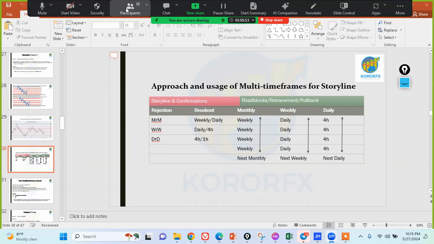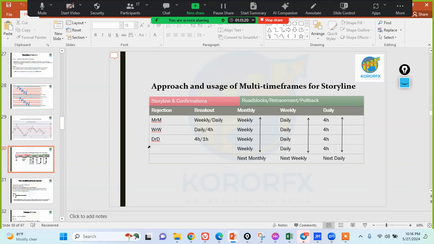Okay. When it comes to time frames, we have 3 types: the parents, the children, and the grandchildren. The parents are these 3 time frames: the monthly, the weekly, and the daily.